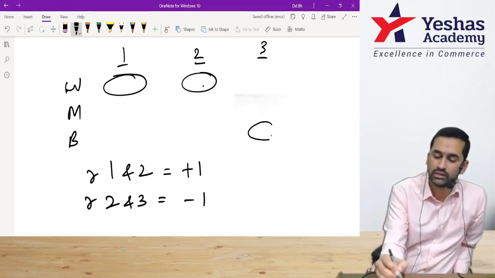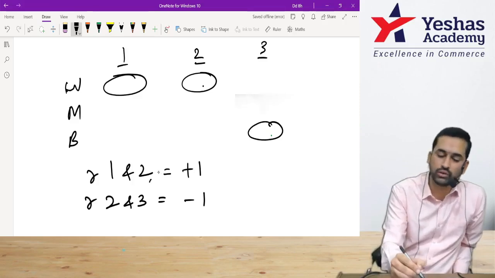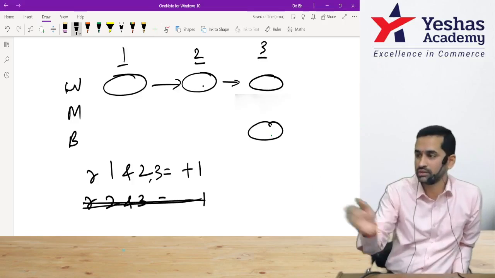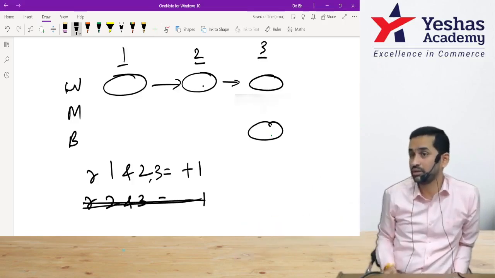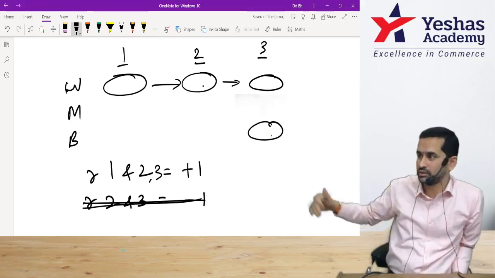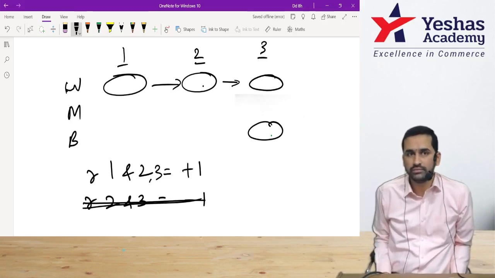If this is worst, then this has to be best. Then year 3 will have to take the best case scenario number. What if they say 1, 2 and 3 is positive 1? Then you stay in the same line, worst, worst, worst. And this is what you did just now. Without them mentioning R is equal to plus 1, you took same best, best, best and worst, worst and worst. Can happen in MCQ pattern.